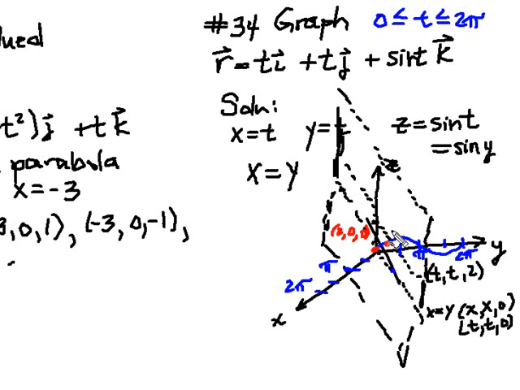Let's see. Okay, so the peak of the sine curve is going to be at pi over 2, pi over 2, 1. Okay, then after the peak we come down to 0 at pi.